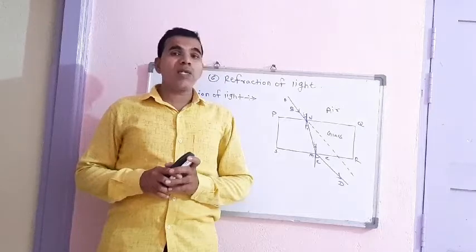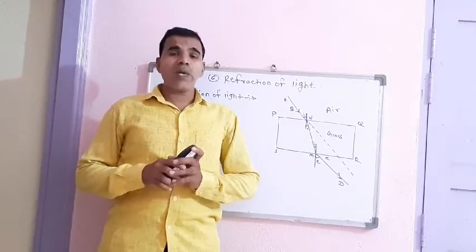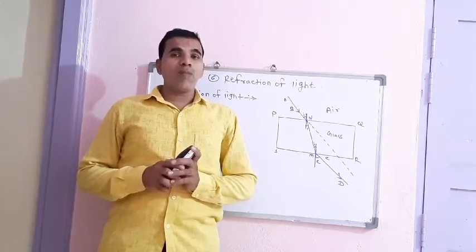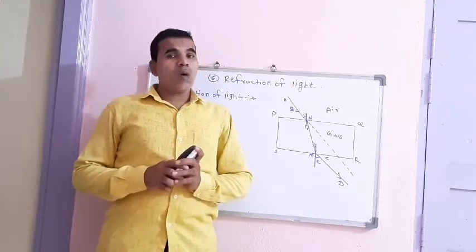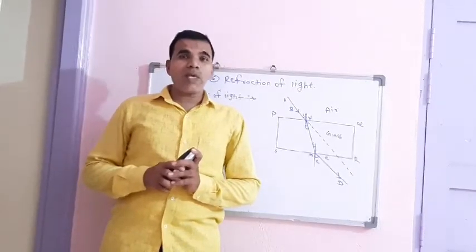The sun is an unending source of light. So in the environment, light is an important part, and we have to study the different properties of light.